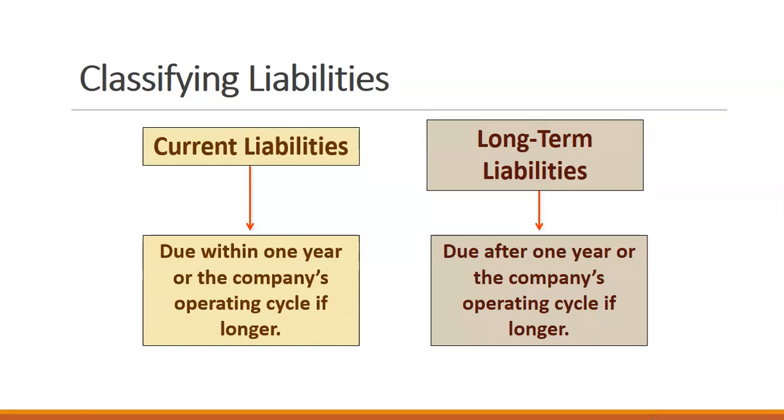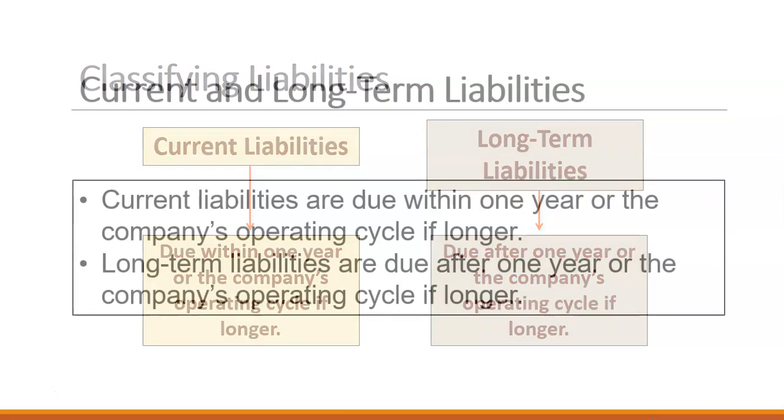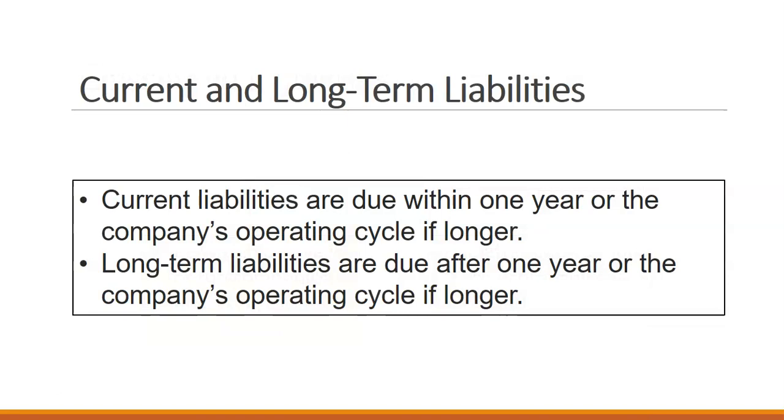Long-term liabilities are due after a year or longer than that time. What usually ends up in long-term liabilities are items like mortgages, notes payable, anything that we would pay over multiple years. We're going to focus mostly on current liabilities within Chapter 9 and then long-term liabilities in Chapter 10.